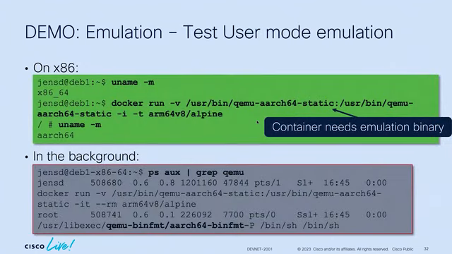Once that is done, I will run a Docker container. I'm taking a 64-bit ARM Alpine base image from the repository, which should not be able to execute on my x86 machine. But in this case, we will be using QEMU. So binfmt will detect that and send it to QEMU, and we are also able to see that when we look at the processes running, but that should be clear during the demo.